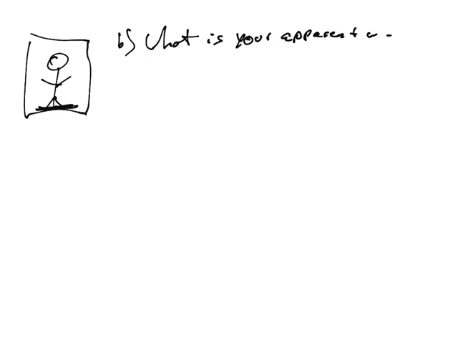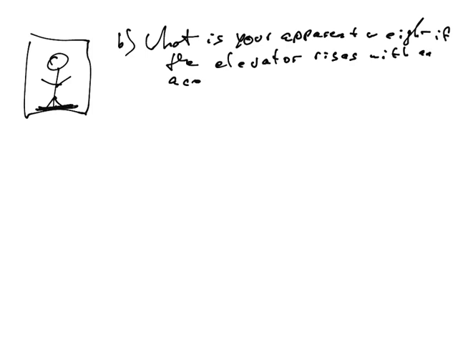We could also have an instance where a person is standing on a weight scale. And let's say for part B, what is your apparent weight if the elevator rises with an acceleration of 5 meters per second squared?